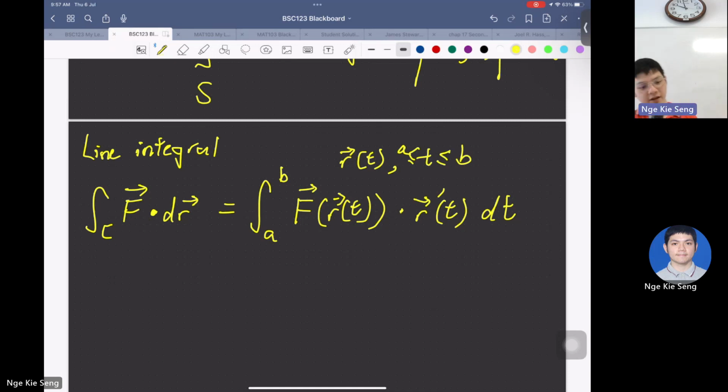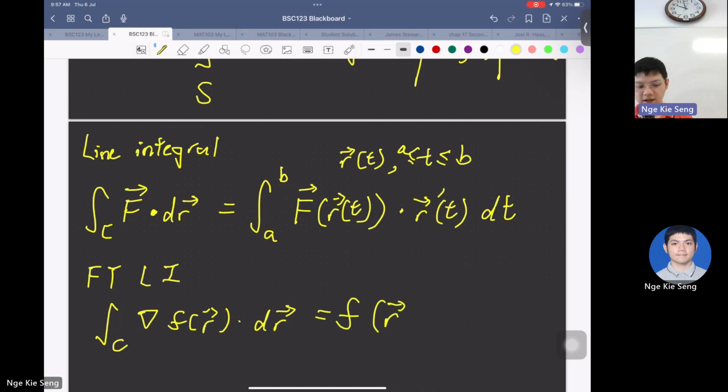And next we have the fundamental theorem for line integrals. The integral over C of the gradient of f dot dr equals, similar to the fundamental theorem of calculus, the value evaluated at the endpoint minus the starting point.